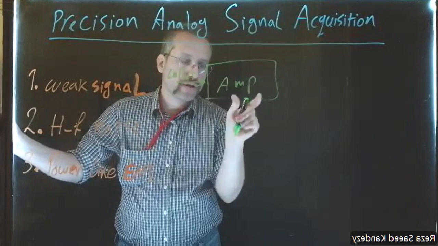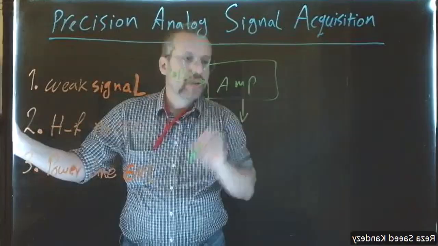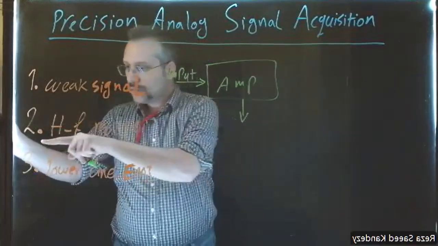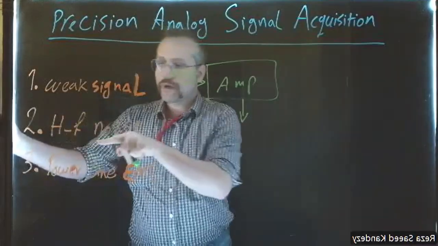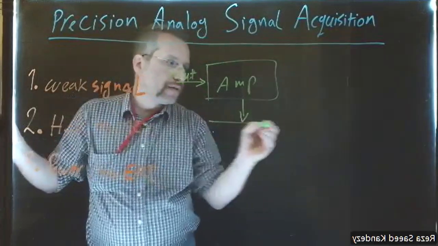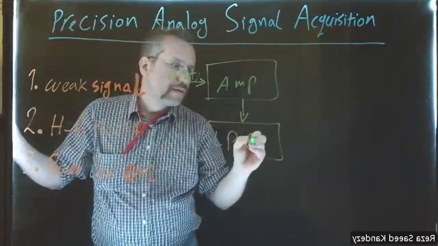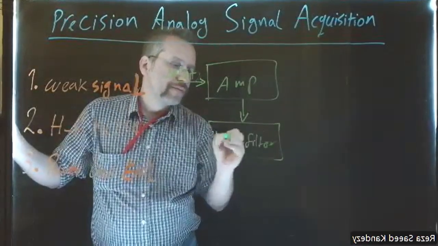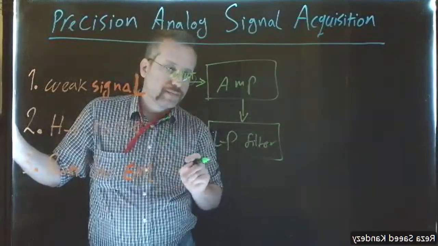After the amplifier, we need to address the second problem. We have high frequency noise. How can we deal with that? By adding a low pass filter. Now this part addresses the second problem.